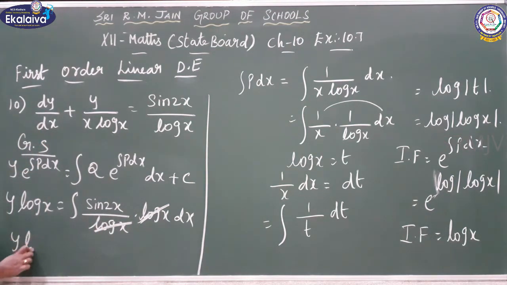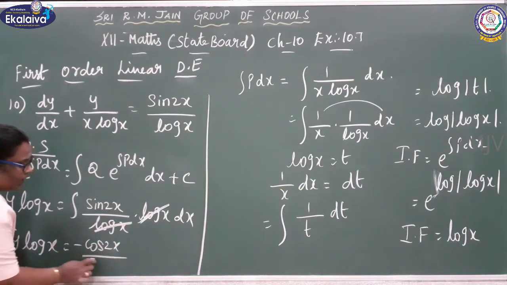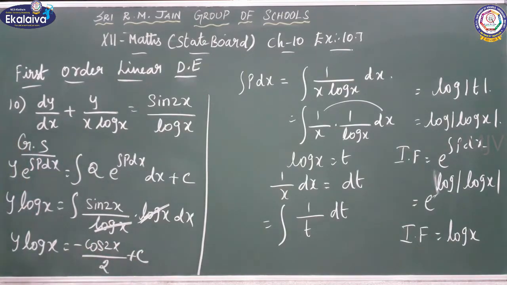Y into log x equals, what is the integration of sin 2x? Minus cos 2x, and the coefficient 2 you write in the denominator. So minus cos 2x by 2 plus c.